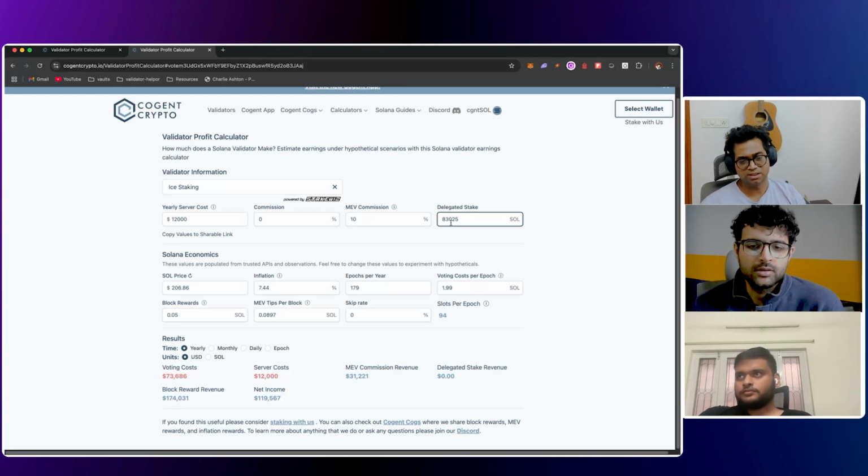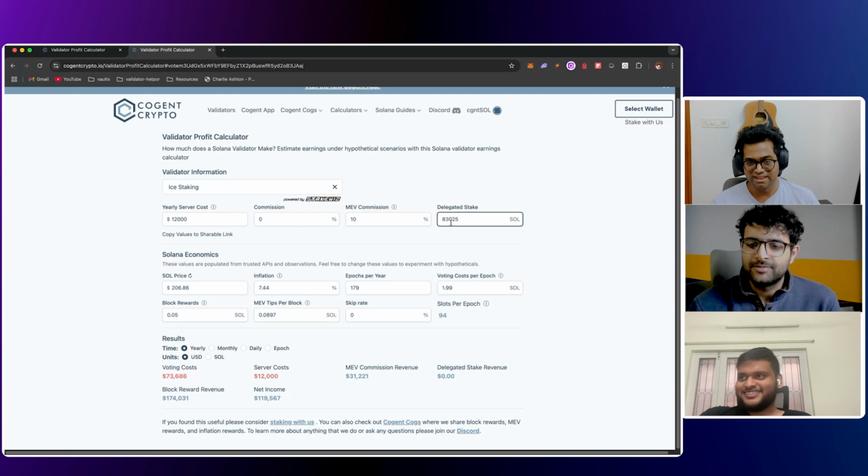Got it. Interesting. So essentially, if you have the DevOps skills to run a very high availability server, you can attract stake and make a net profit of like 120K, which is an engineer's salary, or a few engineers.